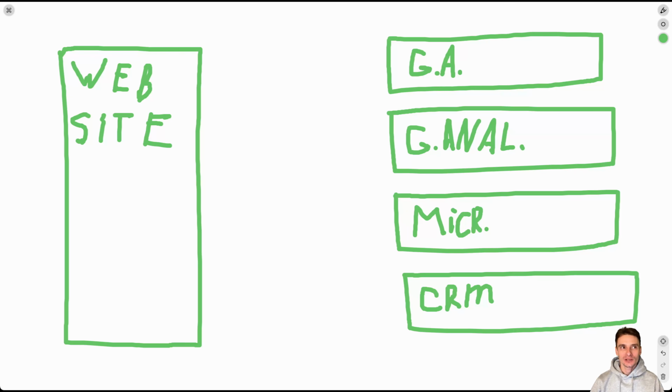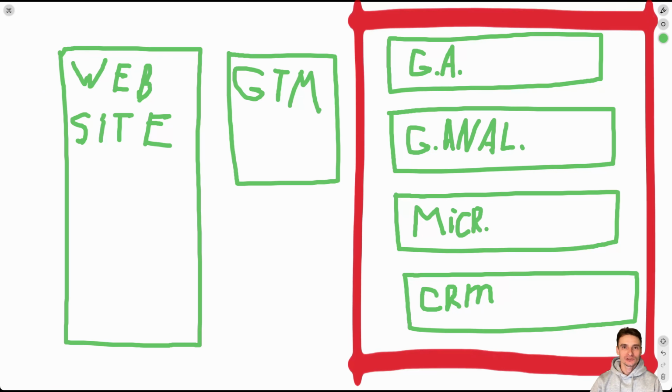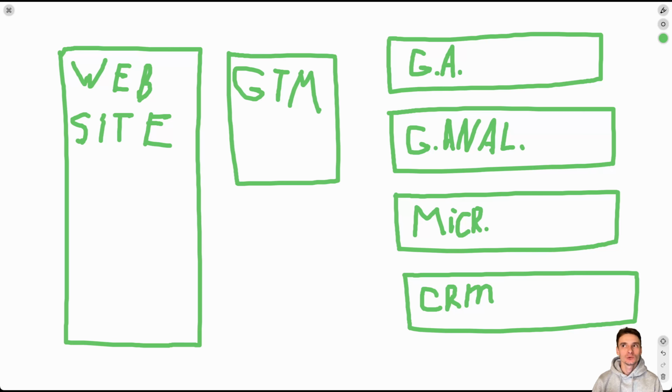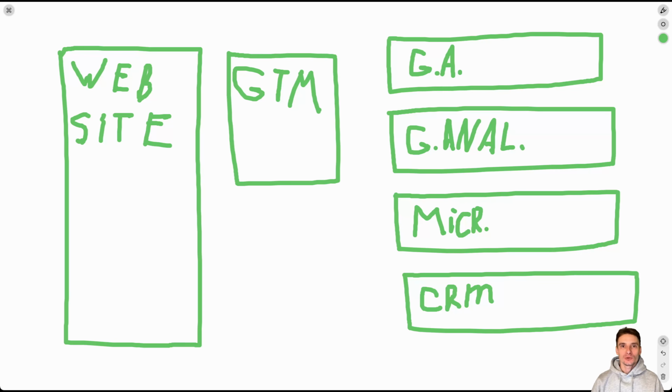And that's when Google Tag Manager showed up. This is our website. These are different services we want to integrate with our website. And this is Google Tag Manager. And look what happens. Google Tag Manager has its own code. And that code is placed on the website one time, which is exactly what we just did. And you pay your developer one time, or whoever manages your website.